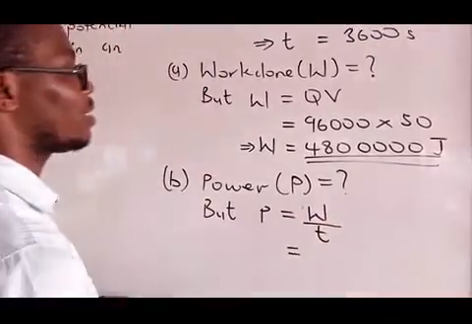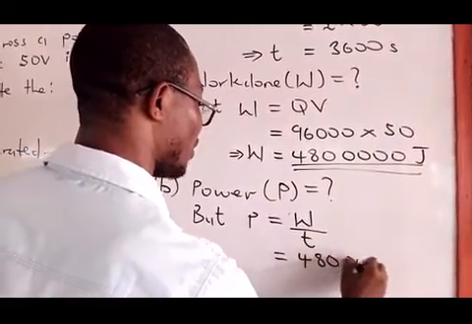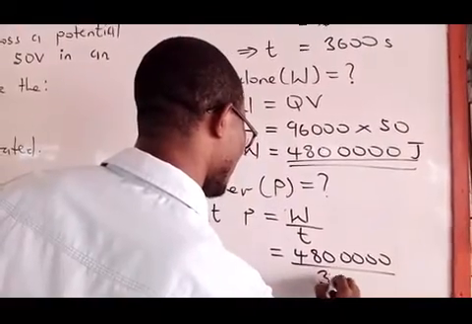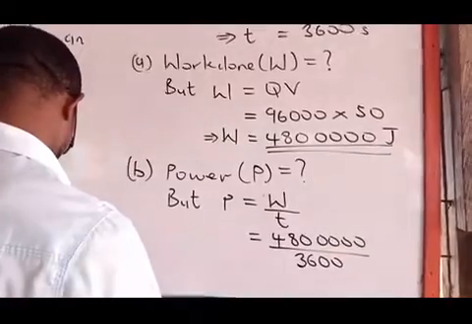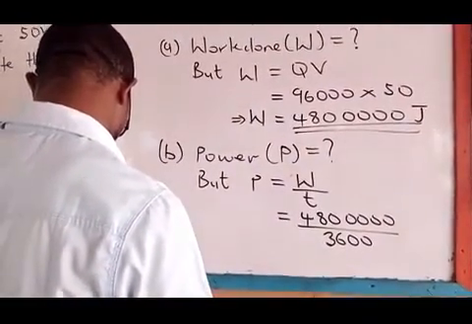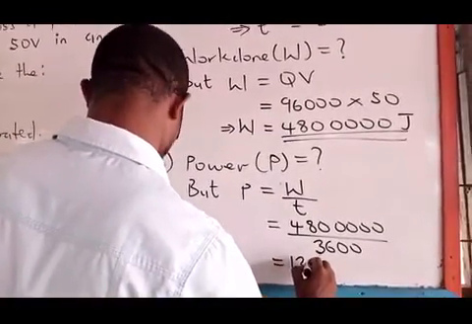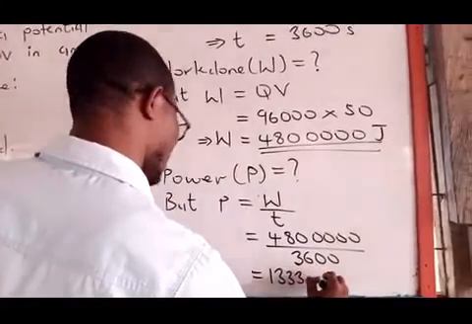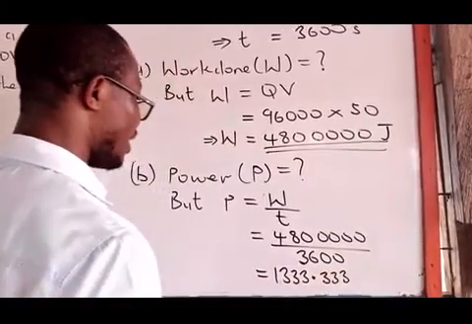The work done is 4,800,000 over the time, 3,600. And that is equal to 1,333.333, that's to 3 decimal places.